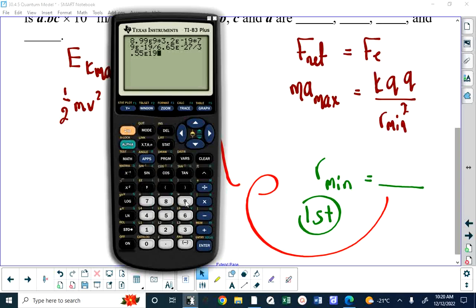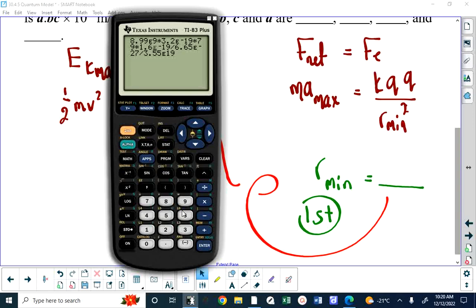We've been down similar roads before. When you have lots of calculations, just make sure you've entered everything correctly before you hit equals. K, Q. Yeah, that's not right. K, Q, Q. Better now.